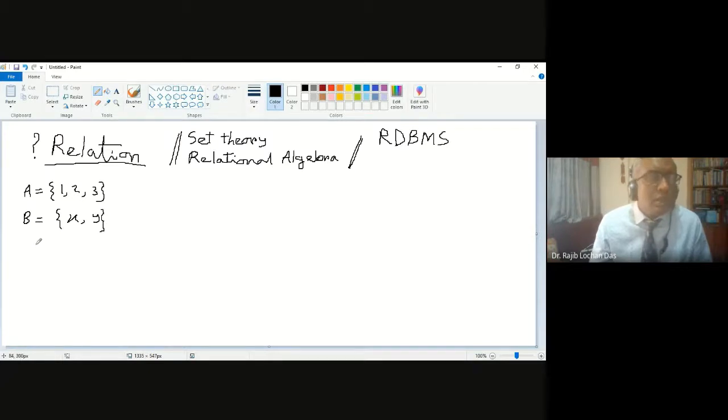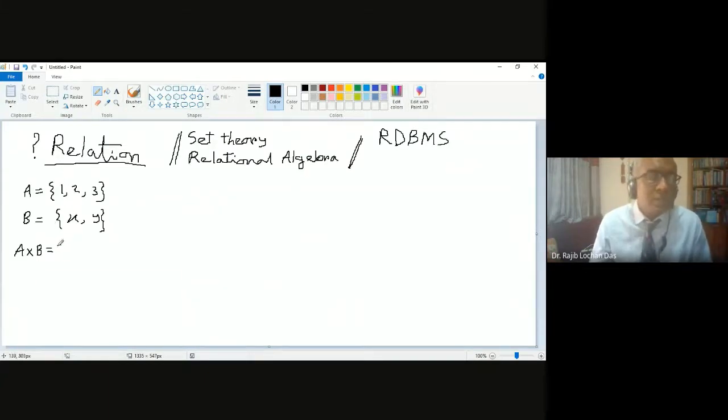In this case, if you make the cross product of the sets, it is sometimes called the Cartesian product of two sets.